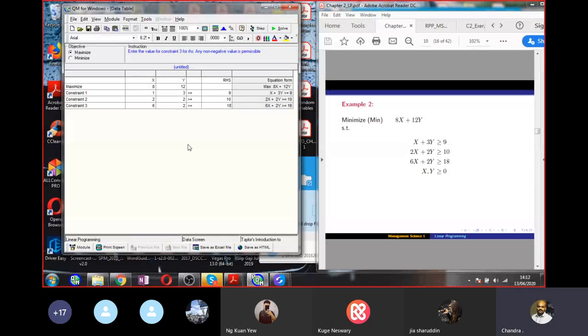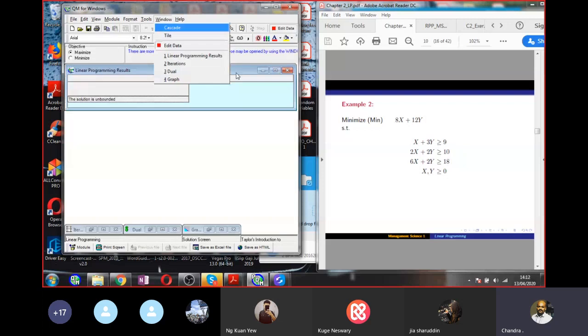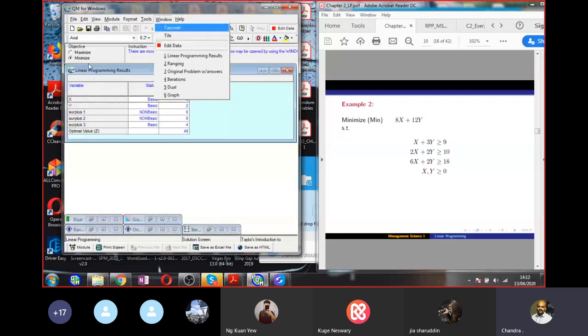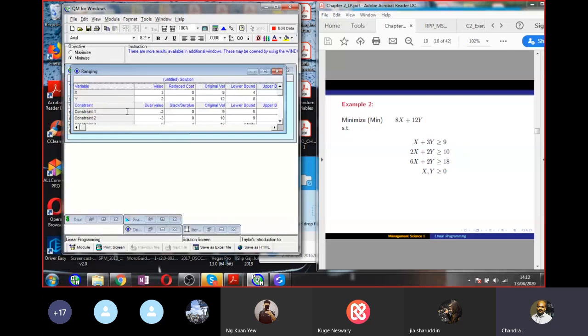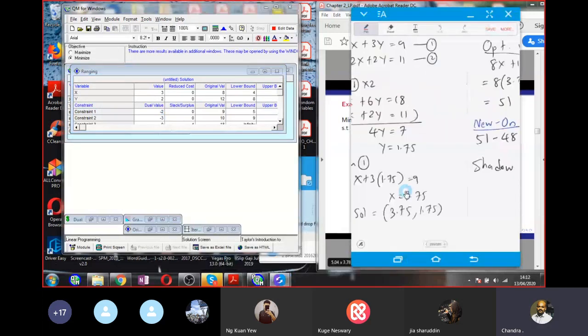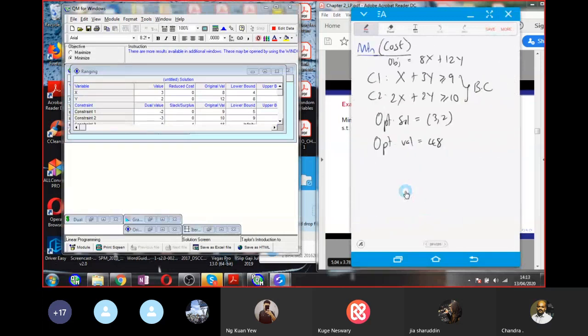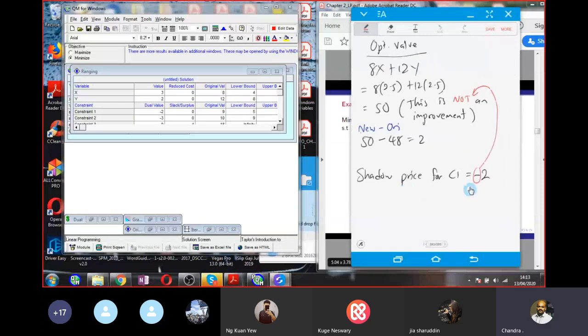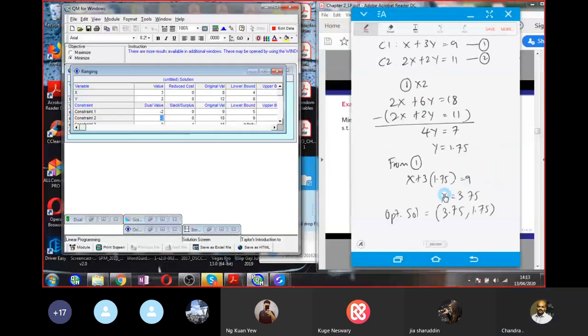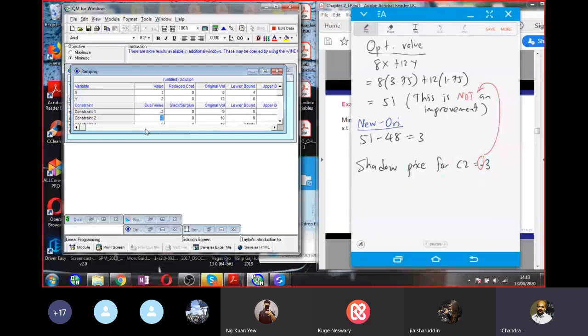Now solve, and change to minimum, ranging. You can see here the first binding constraint is -2. Just now what was our calculation? First binding constraint, you see -2. Shadow price for C1 is -2, double check. Now the second binding constraint, you should have -3. Shadow price for C2 is -3. So our answer is right. That's how you double check.